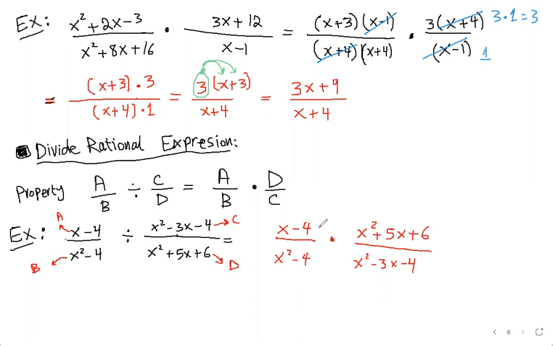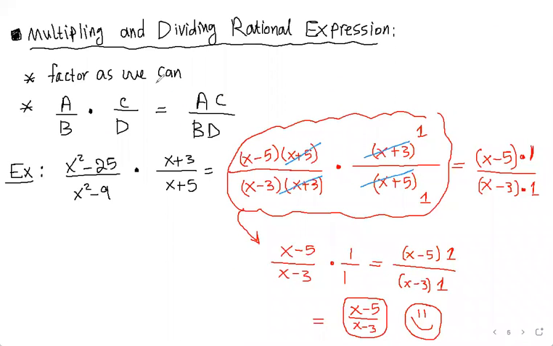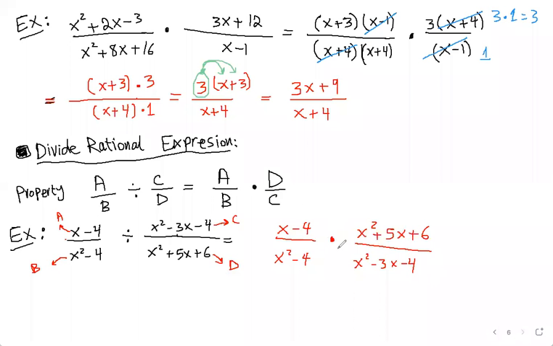Now, as we learned in multiplication, we do exactly the same here. First, like before, we factor as we can, then we multiply. Here, how can we factor this one, and this one, and this one? What's the factor of x minus 4?